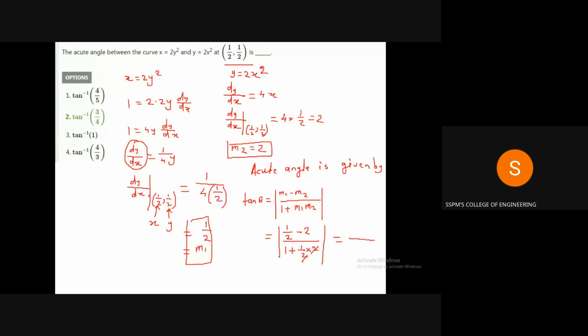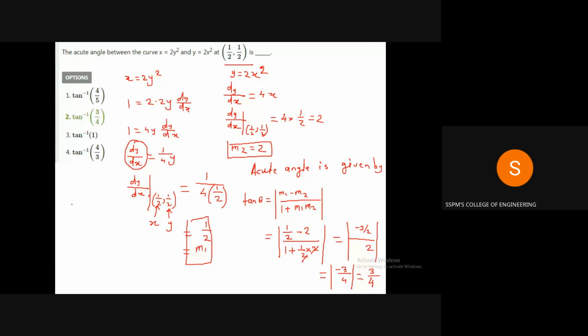Therefore, in the denominator, 2 will remain, and here it is minus 3 by 2, modulus of minus 3 by 2. So if we solve this, we will get mod of minus 3 divided by 4. This will be your answer. But if you remove the modulus, you will get the positive value, that is 3 divided by 4.